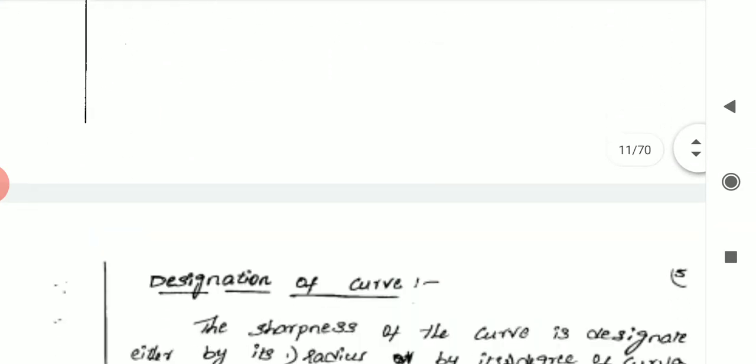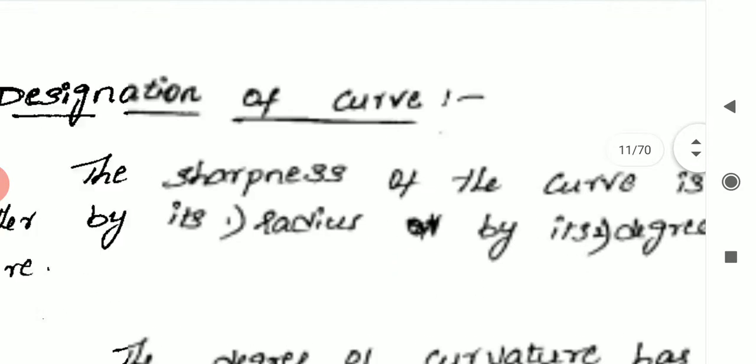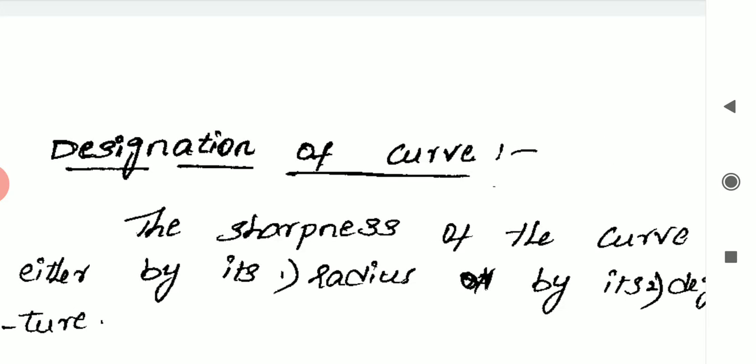See here, designation of curves. Actually, the sharpness of the curve is designated either by its radius or its degree of curvature. So we have to solve for the degree of curvature formula and also the radius formula for the designation of the curve.